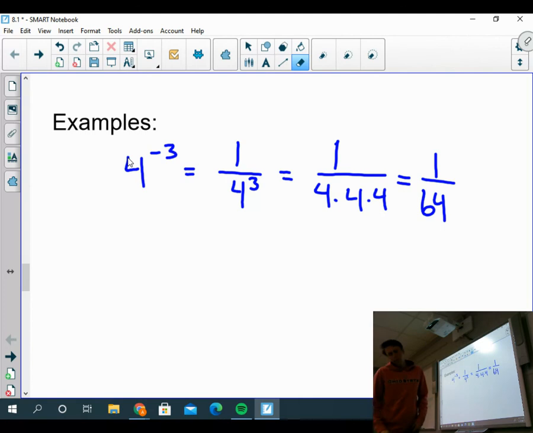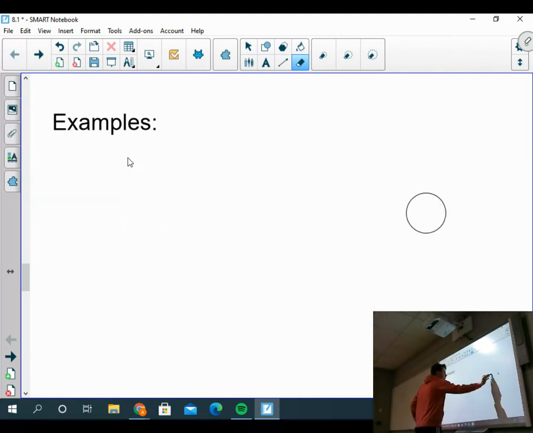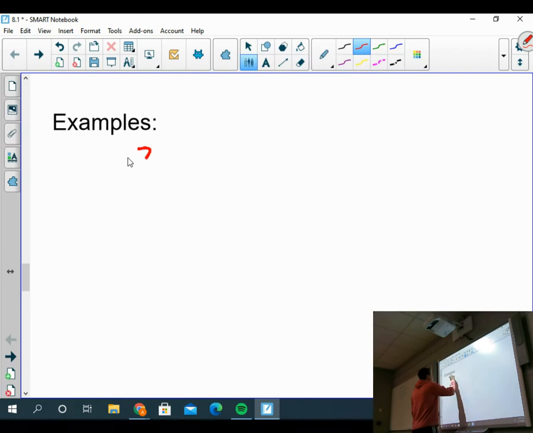Okay, so let's look at a few more examples together. Maybe we'll start out with another simpler one. In this problem, I have 3 to the negative 4th power. What am I going to do first to figure out what 3 to the negative 4th power is? Well, I want to get rid of that negative exponent, so I will rewrite the problem as 1/3 to the 4th power.